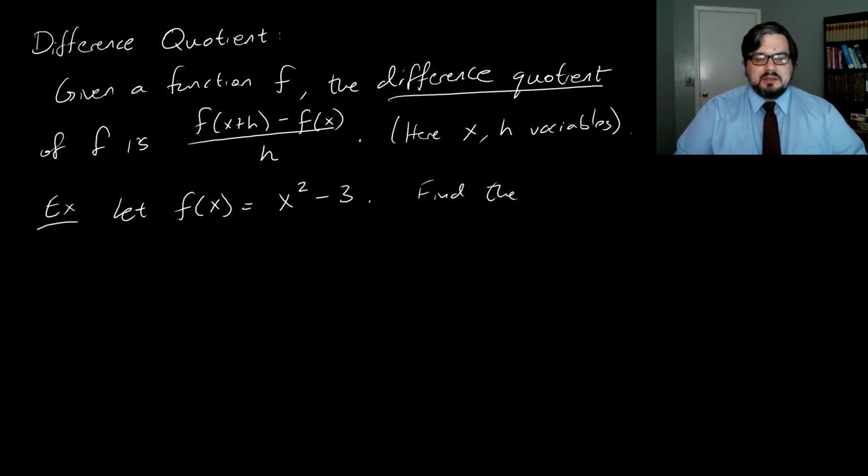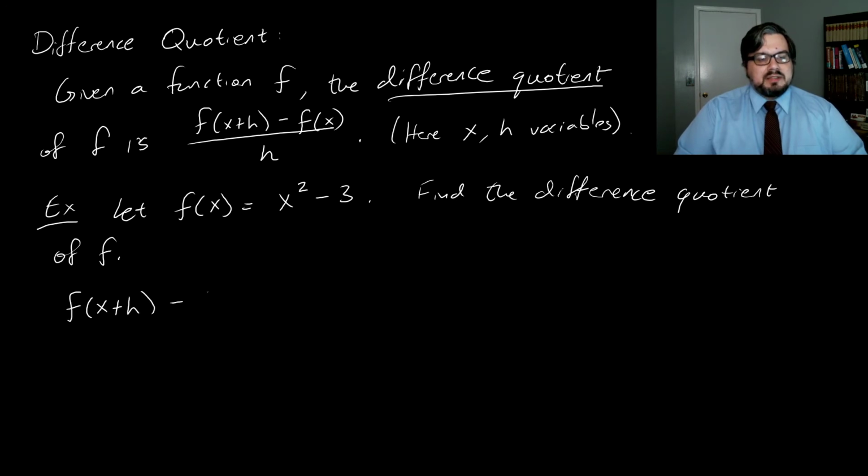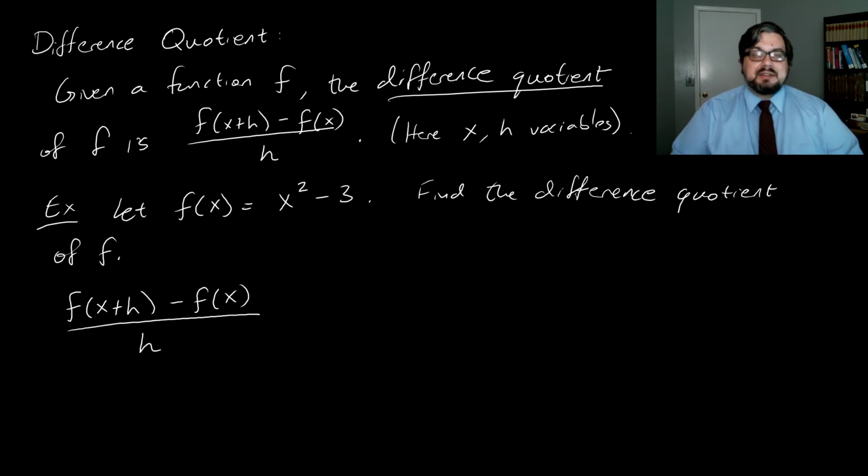Find the difference quotient of f. So the hardest thing about this problem is making sure that you are plugging things in properly and simplifying properly. And really, most of the difficulty comes down to this term right here, the f of x plus h. So let's do that down below.